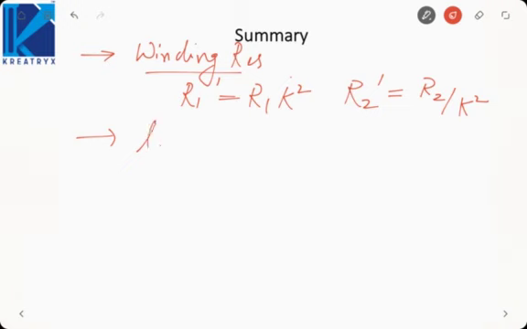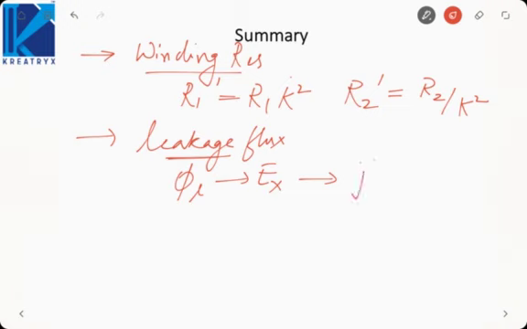Then we saw leakage flux, and we saw that due to leakage flux there is EMF induced, which can be compensated by jIX. That is the voltage drop across a reactance. So we consider the series reactance on both primary as well as secondary side.